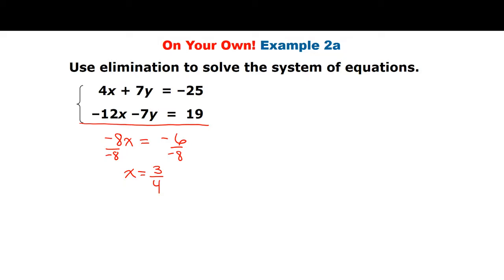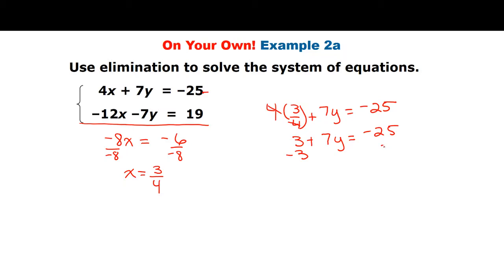All right, so now I have my x. So now all I have to do is substitute, and I'm just going to use this equation here. 4 times x is going to be 3/4 plus 7y equals negative 25. All right, so these cross out, so I end up with 3 plus 7y equals negative 25.